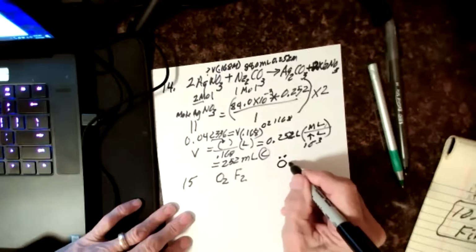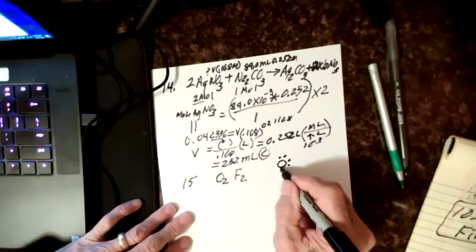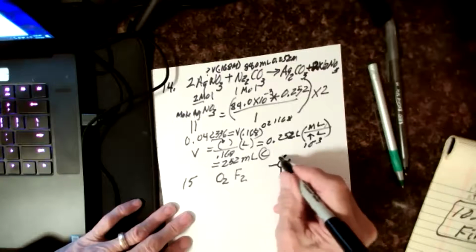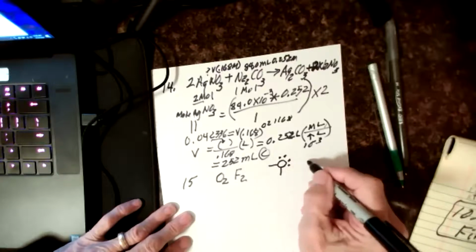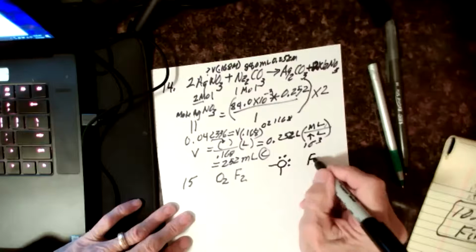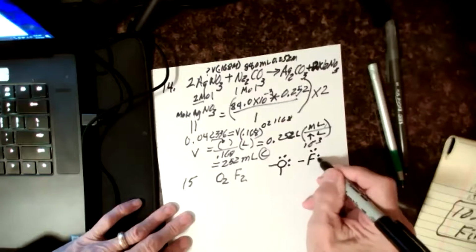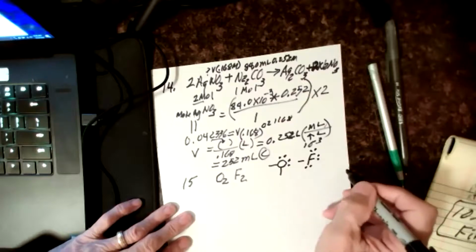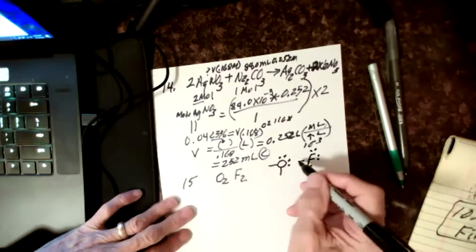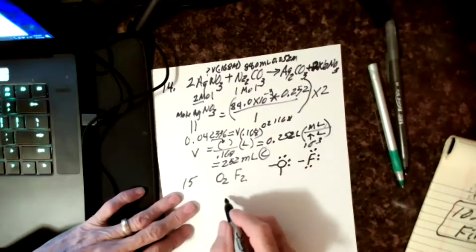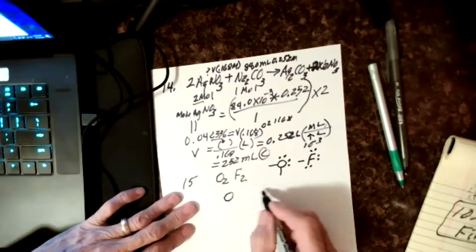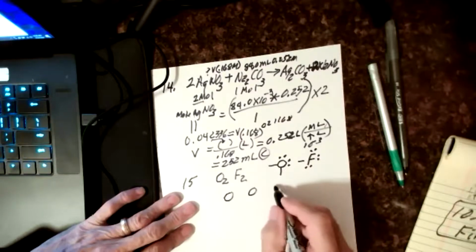For oxygen, I want every oxygen to have 2 lone pairs and 2 bonds. And I want every fluorine to have 1 bond. So if I'm looking at this, the best arrangement is going to be OOFF.